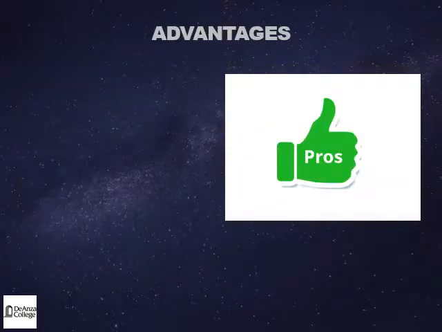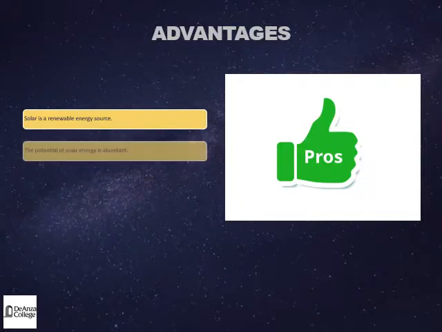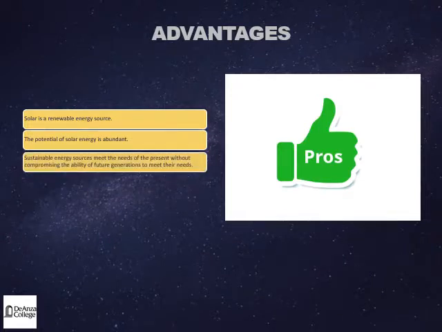So there are some advantages that we can take from this source of energy. Solar is a renewable energy source. The potential of solar energy is abundant. The surface of the Earth receives 120,000 terawatts of solar radiation, sunlight, around 20,000 times more power than what we need to supply the entire world.